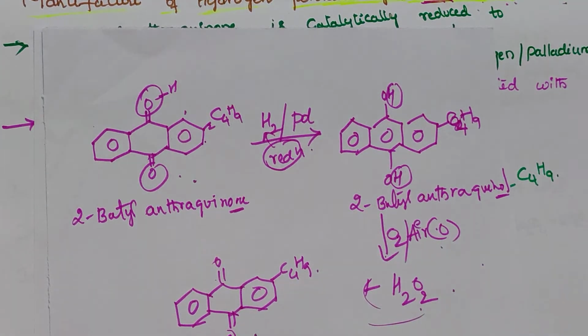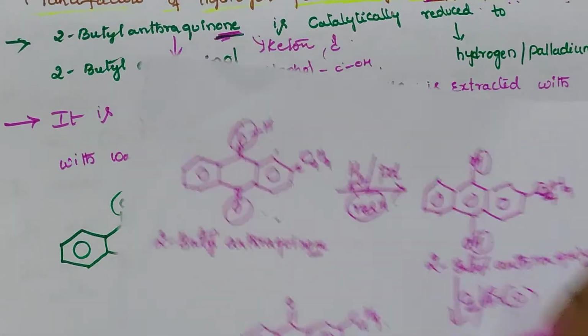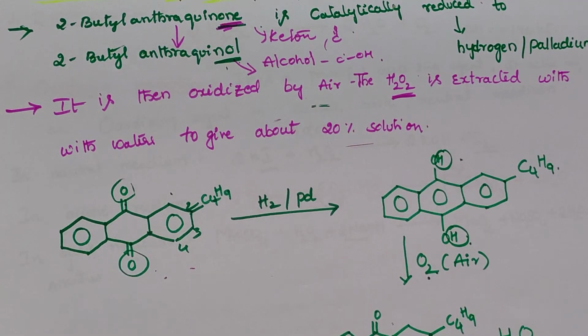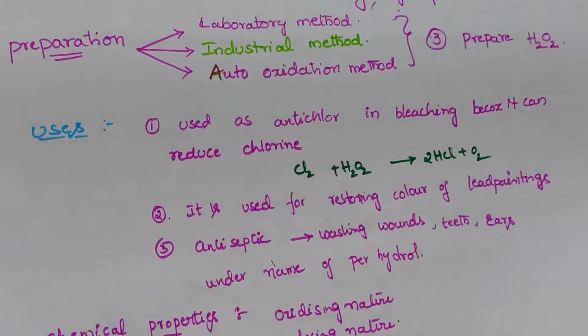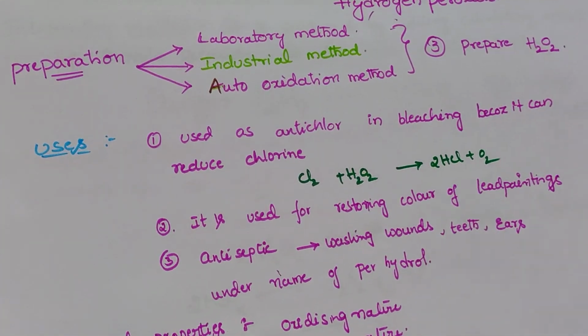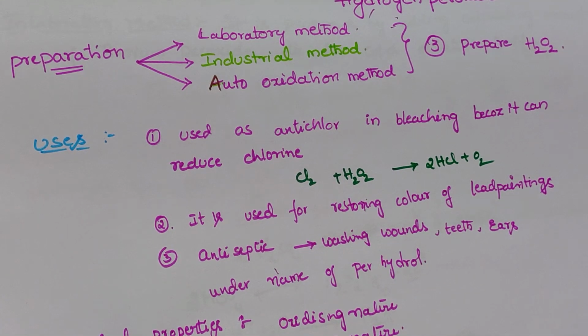Next, the physical properties of hydrogen peroxide. Pure H2O2 is a thick syrupy liquid with a pale blue color, and it is more viscous and denser than water.